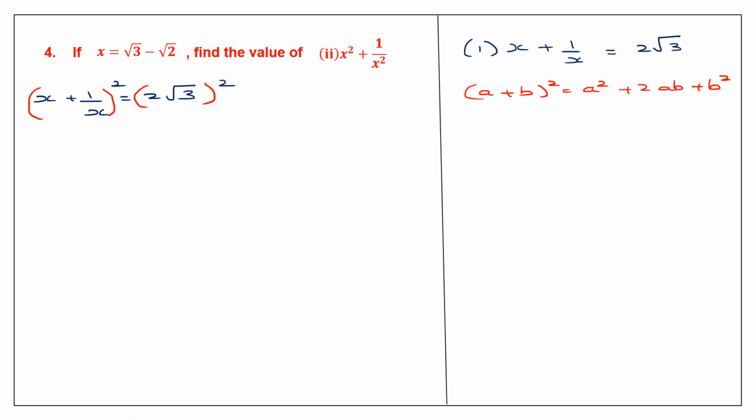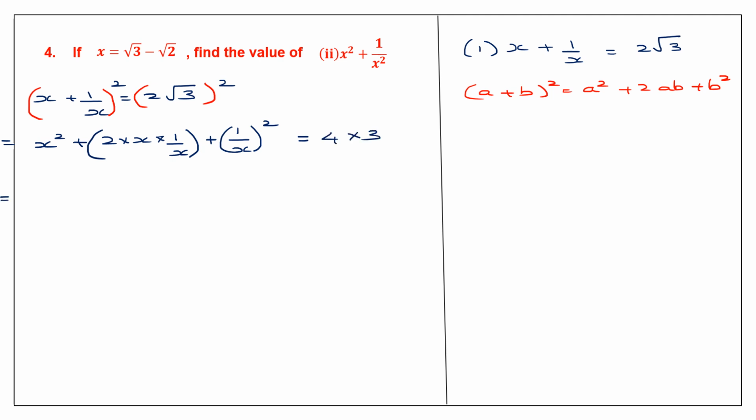So this will be a square, which is x square, plus 2ab, 2 into x into 1 by x, plus b square, b is 1 by x, so this is 1 by x squared. And this is equal to 2 root 3 the whole square. So 2 square is 4, and root 3 into root 3 is 3, 4 into 3.